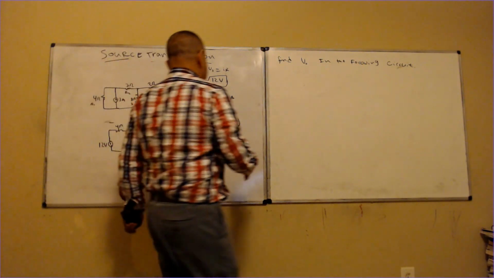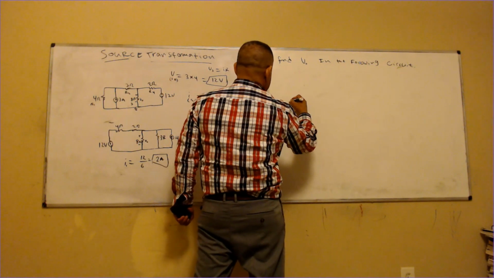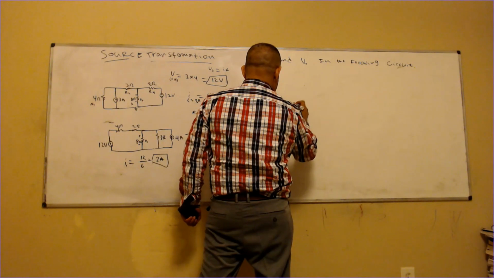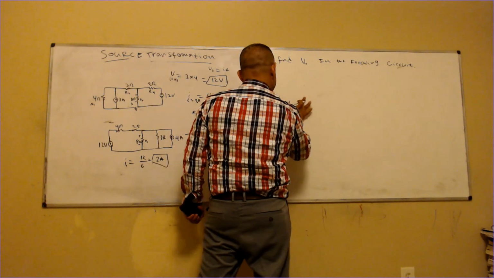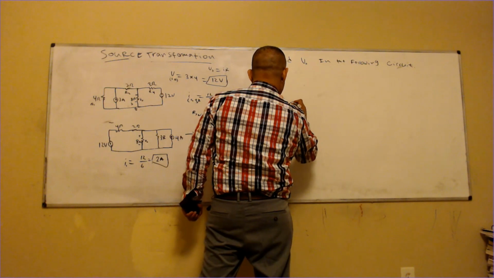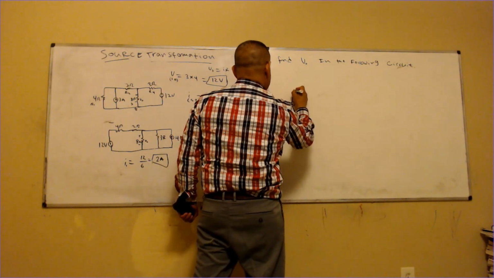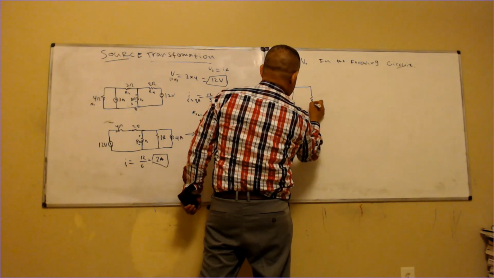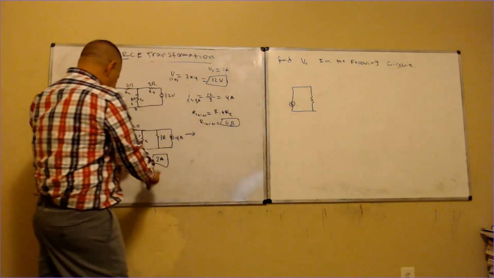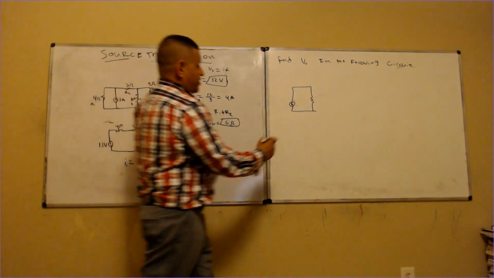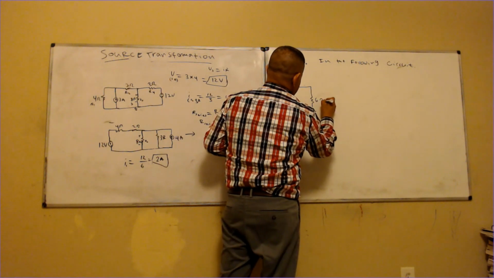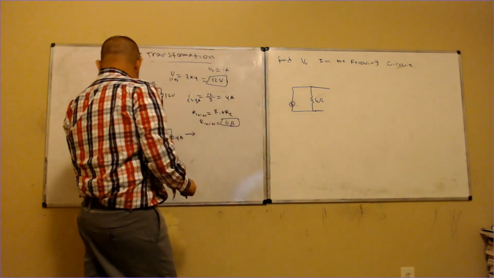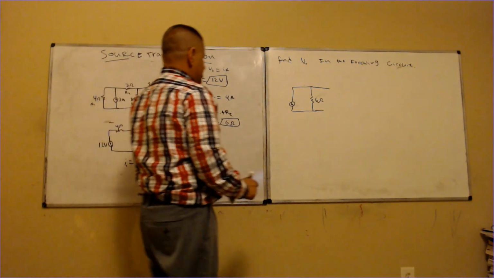So now let me just write this right here. So now I will have something like this. I will have a current source down like this, right? Coming down. Like this, right? And I will have this 6 ohms right here, and then I will have this 8 ohms.